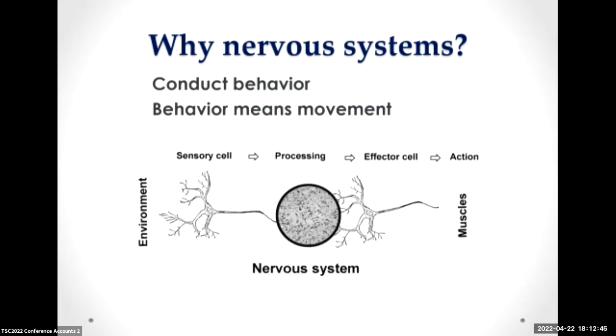And then there is a processing unit that uses this information to decide what to do. And then there is the effector unit that activates the muscles and causes movement. And of these three components, the processing unit, or brain or ganglia, depending on the organism, is the most complex and the most interesting part.